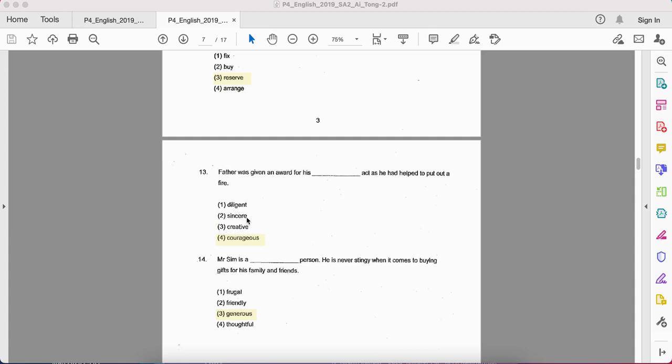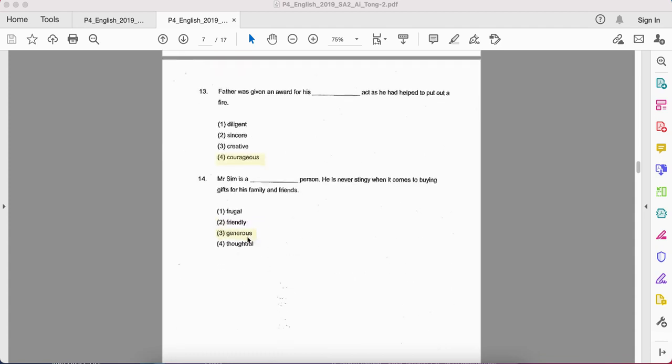Diligent, nope, not appropriate. Sincere, not quite as well. Creative, not really. Courageous, yes, because it's a brave thing, like we just spoke about, right? So it's something brave that he did. Or courageous, same meaning. So father was given an award for his courageous act as he had helped to put out a fire.